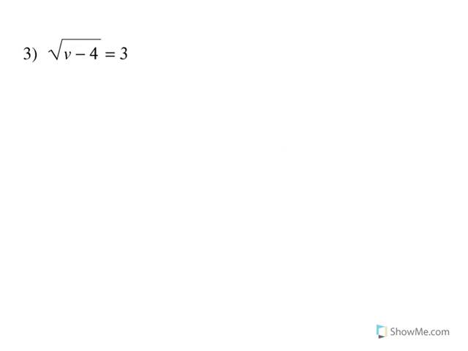Our next example: we have the square root of v minus 4 equal to 3. To solve it, we're going to square both sides.